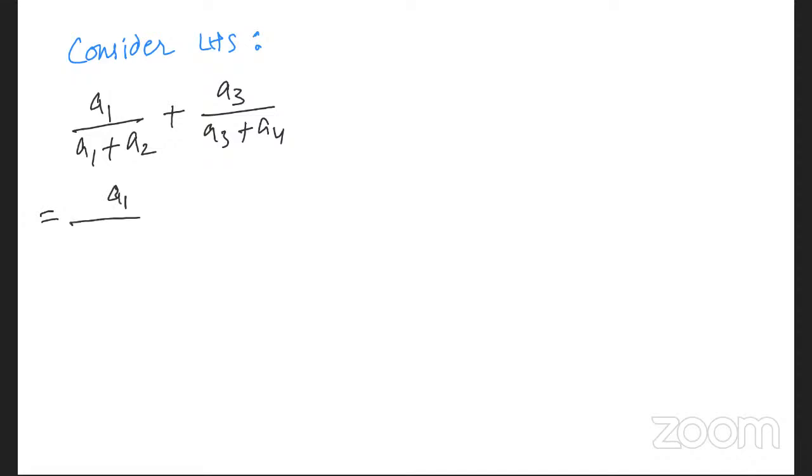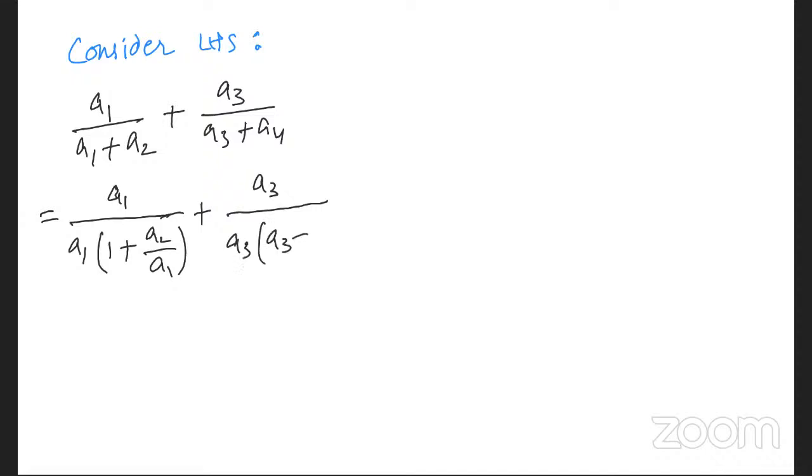a1/(a1 + a2) + a3/(a3 + a4). In the denominator we shall take a1 common: a1(1 + a2/a1), and take a3 common: a3(1 + a4/a3). So a1 and a1 get cancelled, a3 and a3 get cancelled.